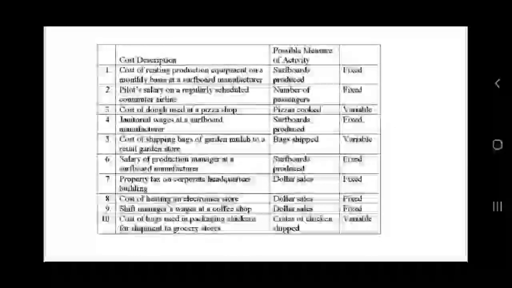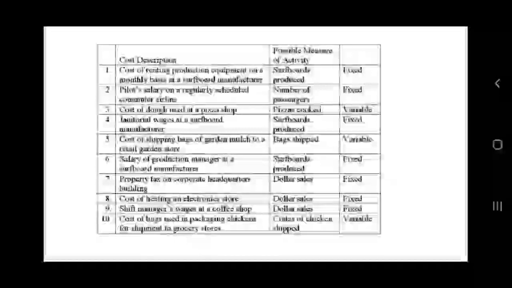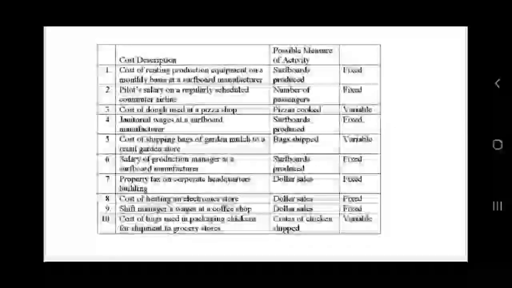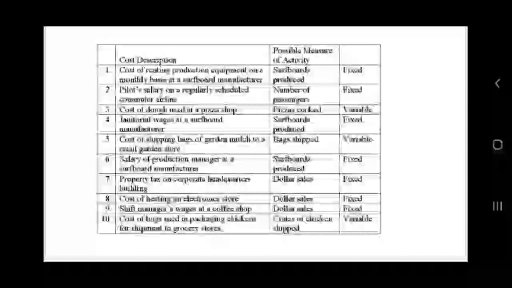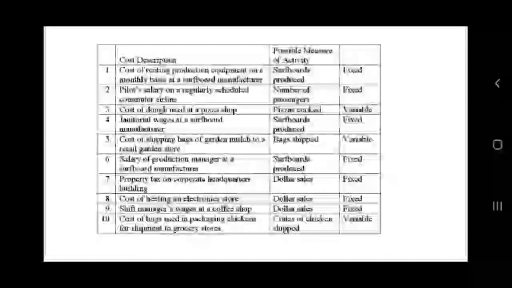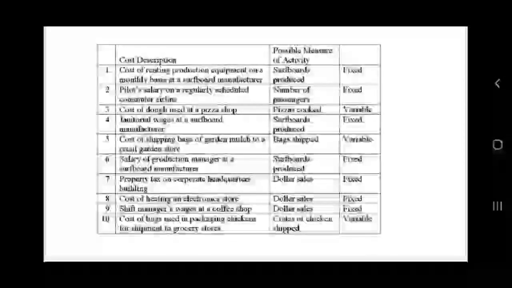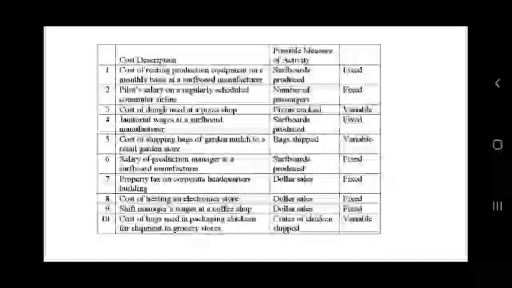So you ask yourself, will that cost of renting change when the quantity of production is changing or not? Clearly we can say that the renting cost is fixed. No matter how many units of production during a time, the renting cost is fixed. So item number 1 is a fixed cost.